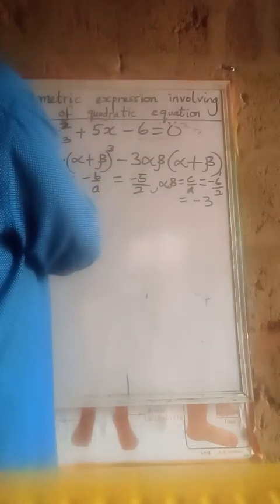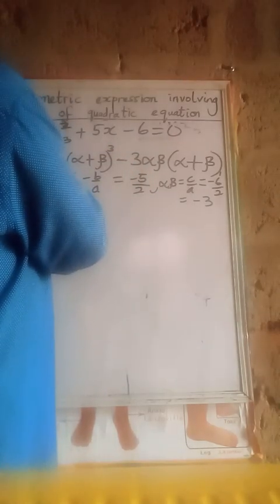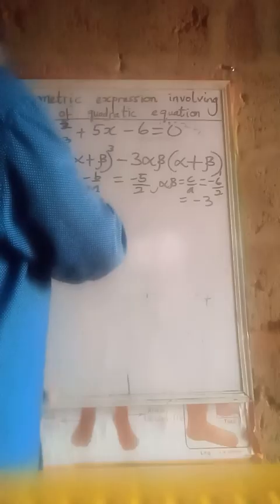So alpha cubed plus beta cubed is equal to alpha plus beta, that is minus 5 over 2 raised to power of 3. Then minus 3 times alpha beta, that is minus 3. Then times alpha plus beta, that is minus 5 all over 2.